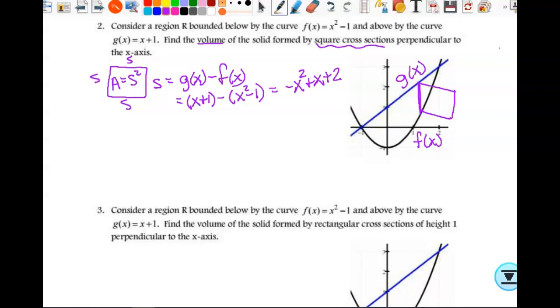So what we're going to do to find the volume is integrate the area from -1 to 2, the area of each of those little squares. The side length is this. Area is equal to s squared. So I'm going to take this negative x squared plus x plus 2 and square it, dx.